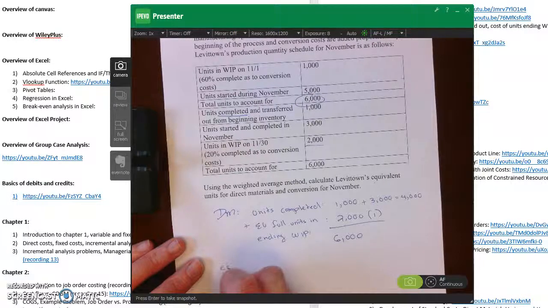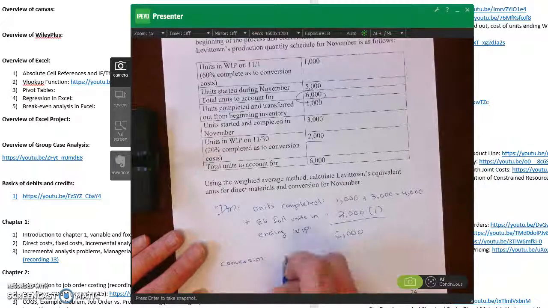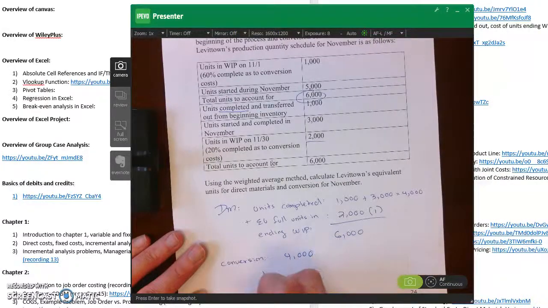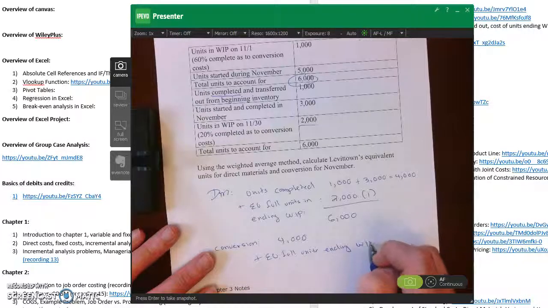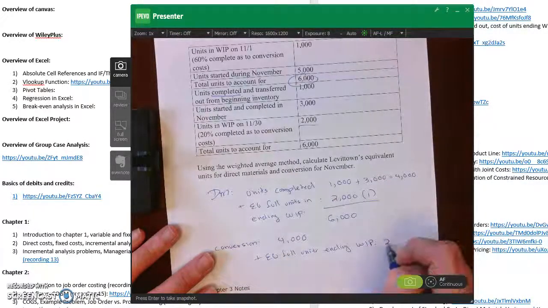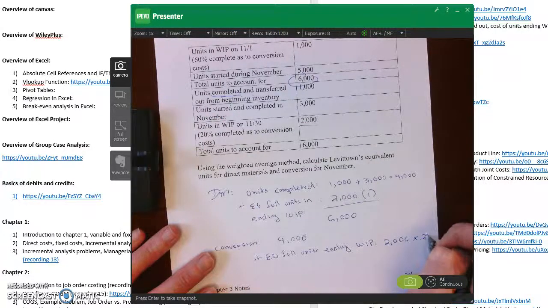For our conversion, we have the same thing. Remember, 1,000 and then 3,000, so we have 4,000 units completed plus equivalent full units in ending WIP, which is going to be equal to our 2,000 times our 0.2, which equals our 400.